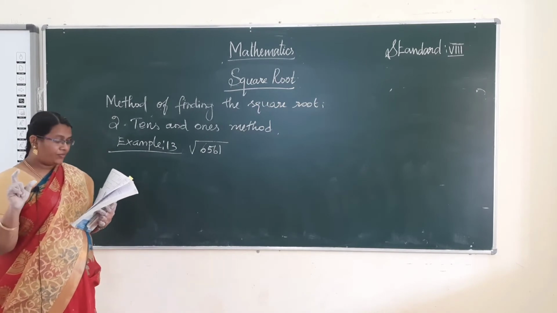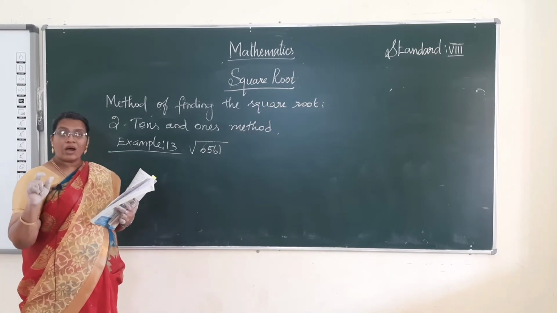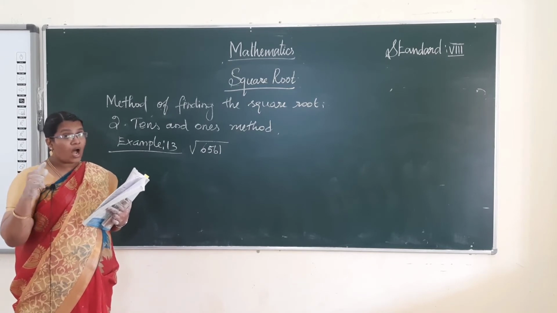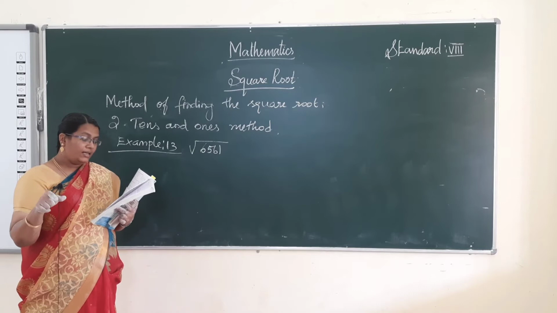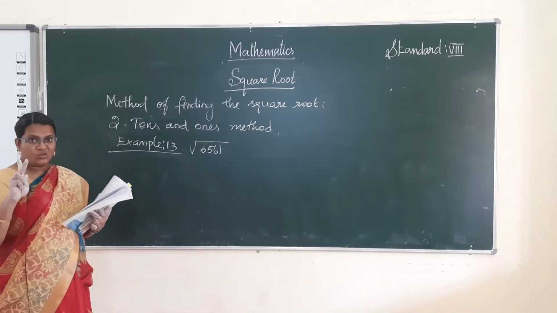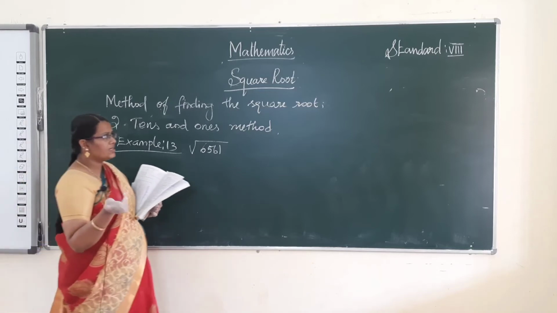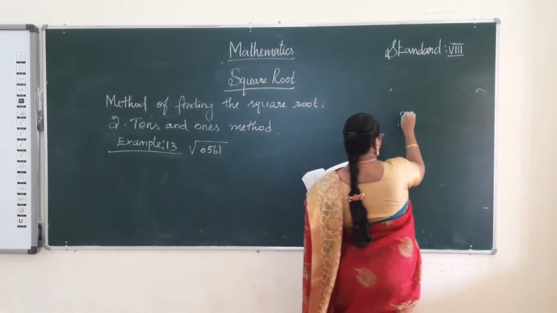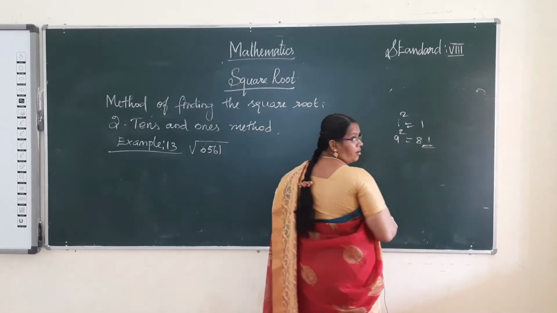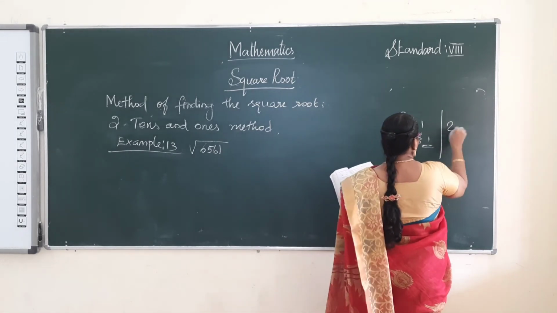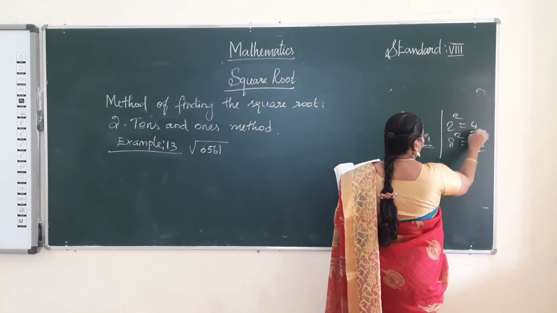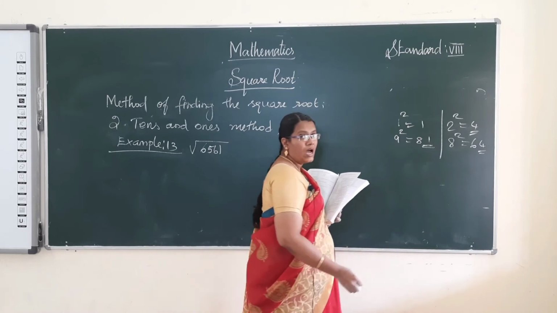If the perfect square ends in 1, 4, 6 or 9, then there are two possible digits for the ones place of the square root. For example, 1 squared and 9 squared both end in 1, and 2 squared and 8 squared both end in 4.